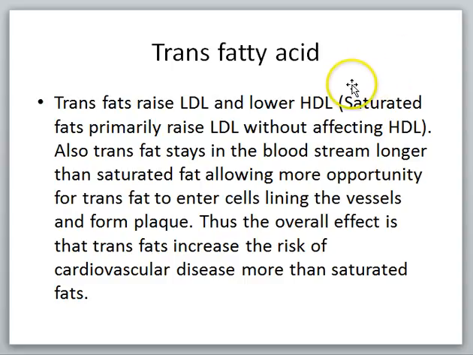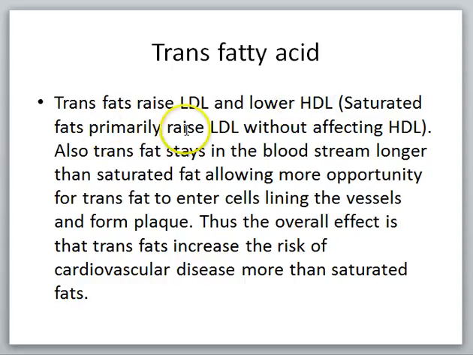And basically, a lot of times you'll hear this phrase that low density lipoproteins are the bad forms of cholesterol. These are the ones that contribute to plaque in the vessels. The high density lipoproteins, that's the good form of cholesterol. This allows cholesterol to be carried back to the liver to be processed. So, trans fats raise the bad stuff and lower the good stuff.